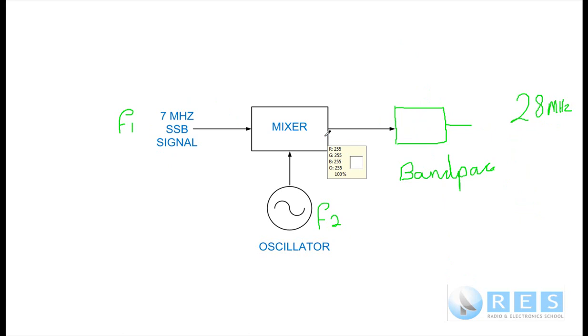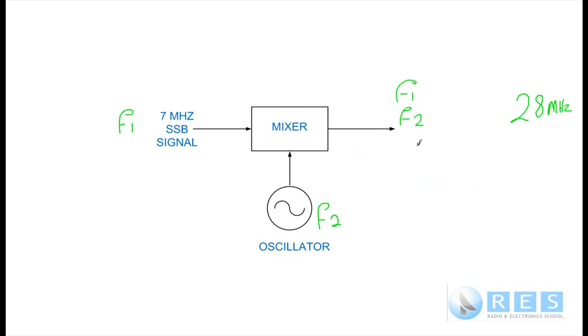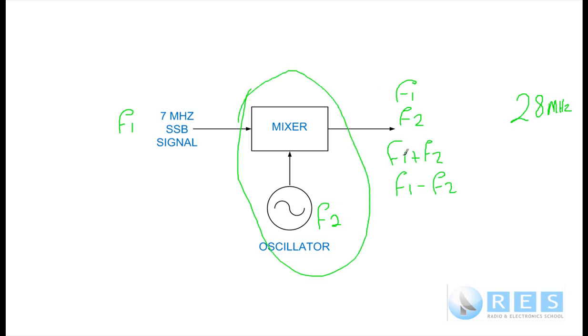If you put two signals, F1 and F2, into a nonlinear amplifier called a mixer, then at the output of that amplifier you will get the original signals F1 and F2, but you'll also get their mixing products, and the primary mixing products are F1 plus F2 and F1 minus F2. You will not be examined on this, but you do need to know how a frequency converter works.